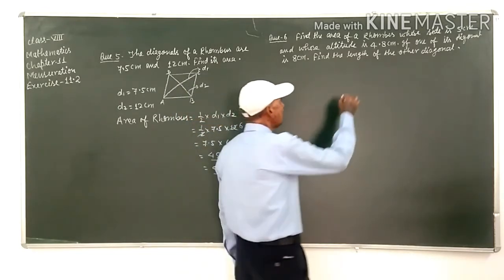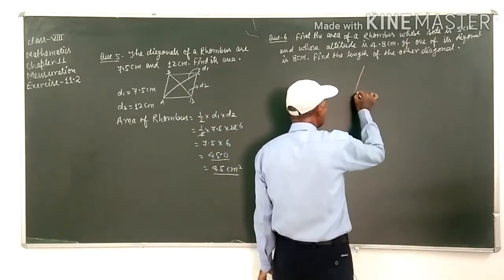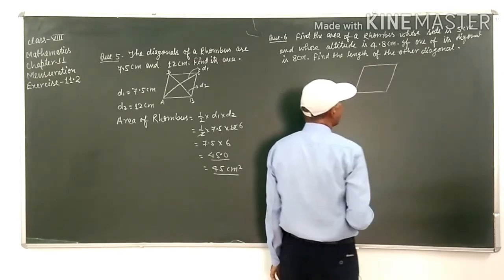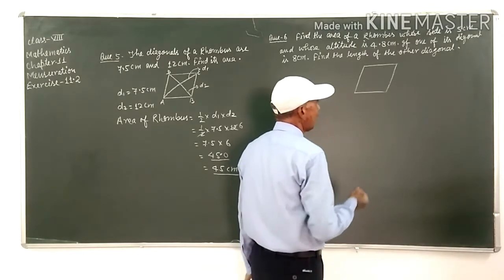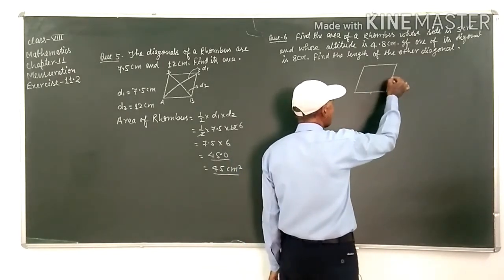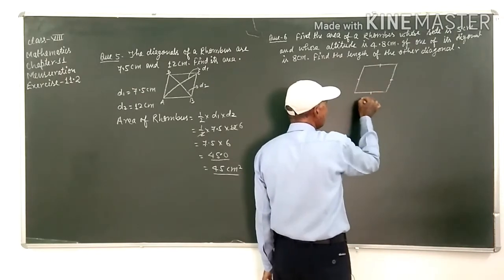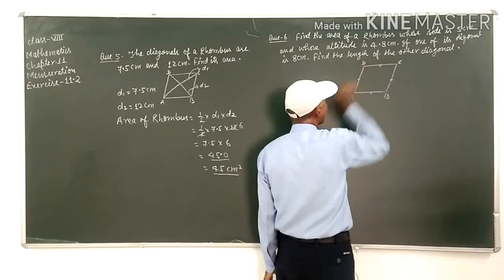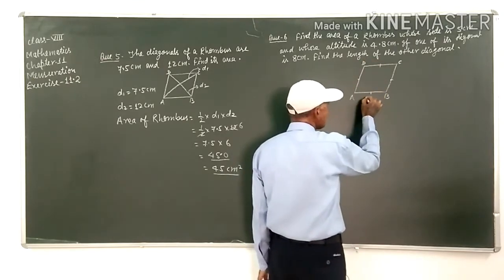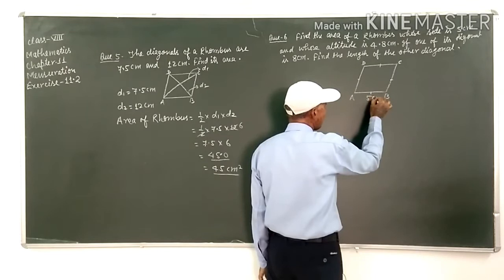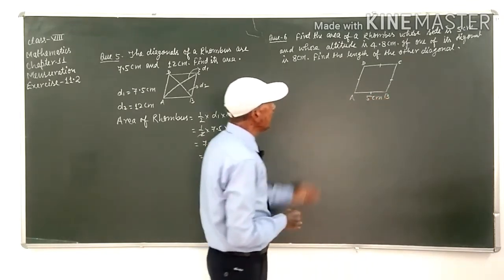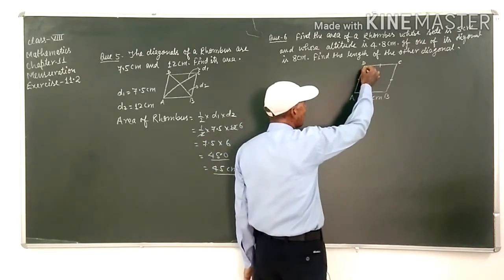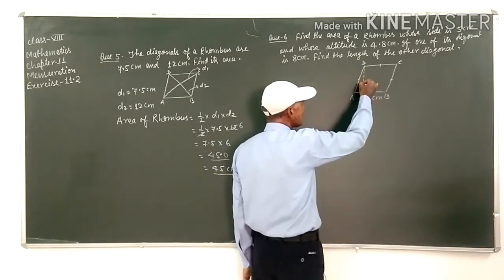So first of all we have to make the figure of this rhombus. Student, this is a rhombus. All of its sides are of equal length, and this rhombus is ABCD. This one side is given here, that is 5 centimeter, and altitude is 4.8 centimeter, the altitude from one vertex to the opposite side.